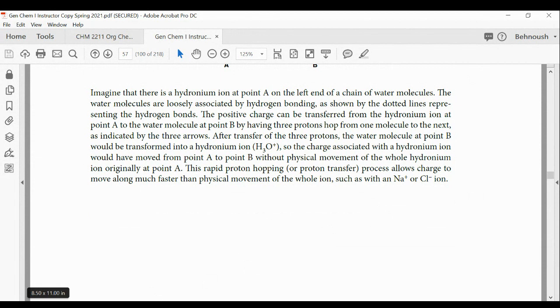Bianca, what do you think? From water to OH minus or from hydroxide to water? Which one has more hydrogen, is capable of donating hydrogen? H2O or OH minus? From water to OH.